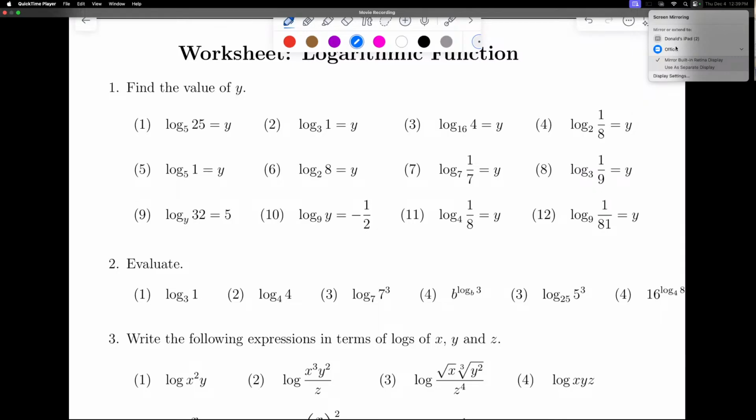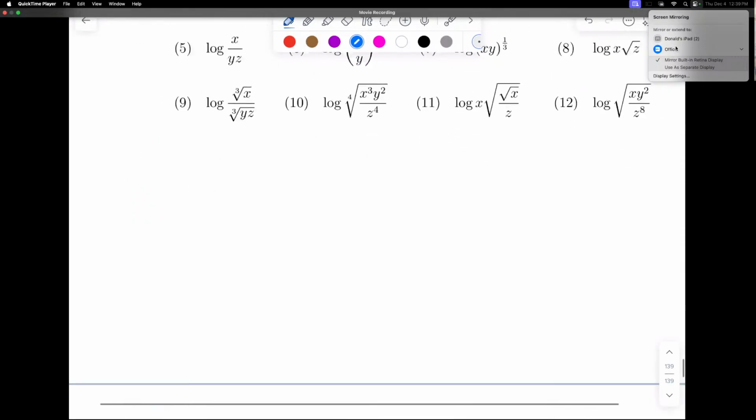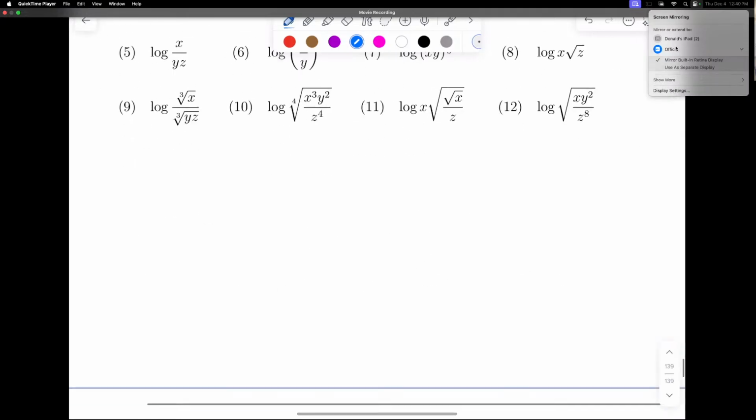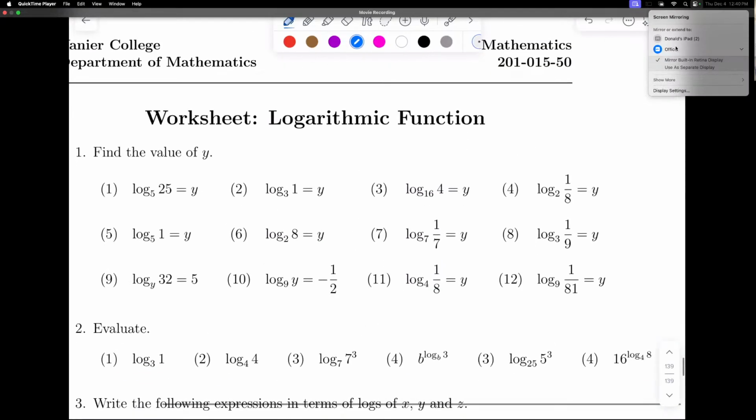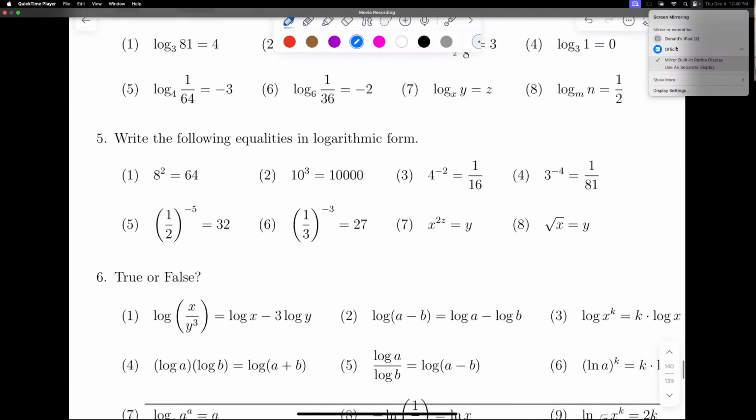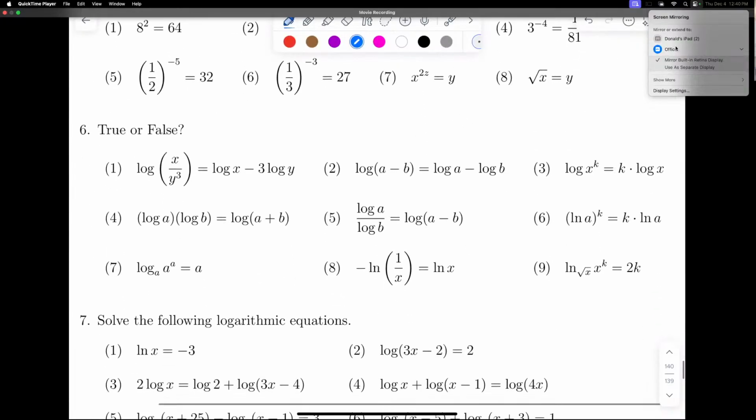guys. All right. So your test will have some logarithm conversions, converting exponent expressions to logarithms. So condensations, expansions as well, simplifying, solving for log. You're gonna have to convert back to exponential form, convert to logarithm form.